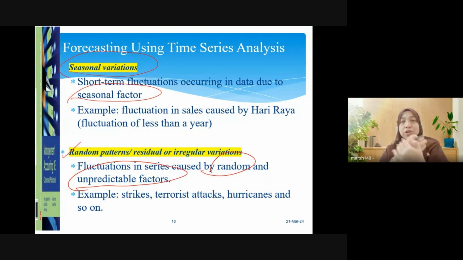Sales volume for masks increased. And then apa yang berkurang? Bus tickets, train tickets dropped because of lockdown. Maybe they suffered losses for that period. Itu adalah irregular variations or random patterns or residual.